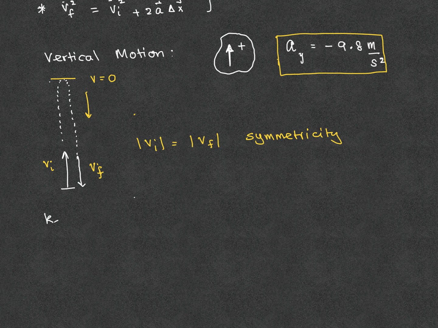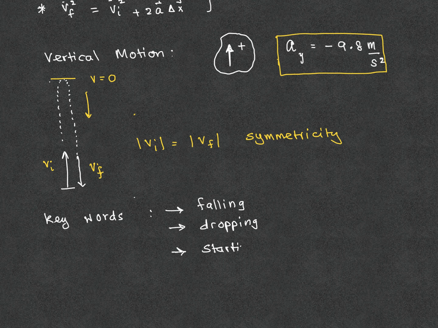So the keywords that you need to pay attention to when you are doing vertical motion: if you see or hear the word falling, dropping, starting from rest, in all these cases, the initial velocity equals 0.